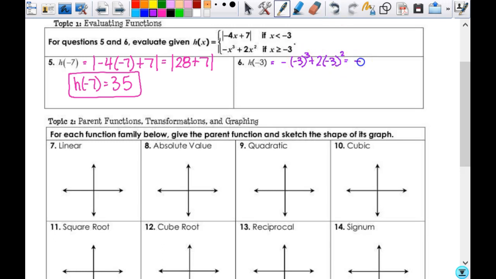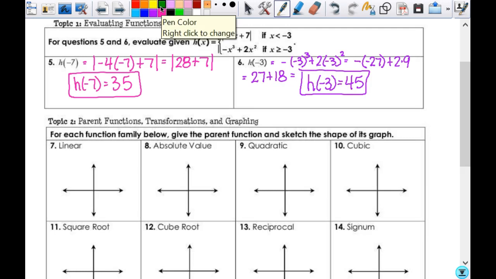So this is going to give me negative, and then -3 cubed is -27. -3 squared is a positive 9. So -27 is positive 27 plus 18. So 27 plus 18, if I add 20, I get 47. Subtract 2, and I get 45. So h of -3 equals 45. There you go.